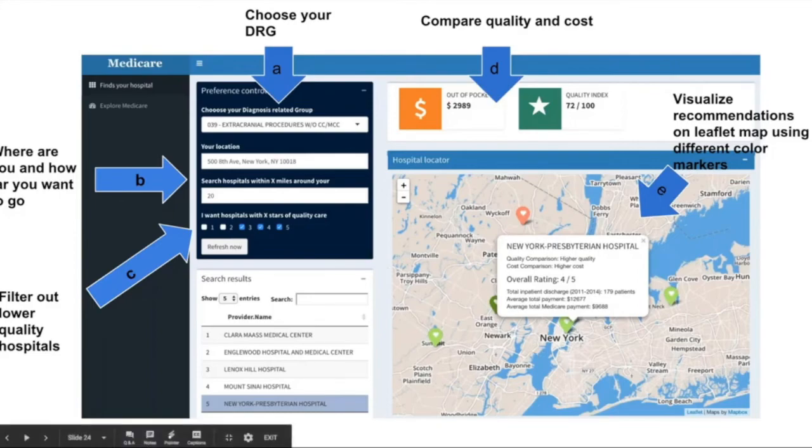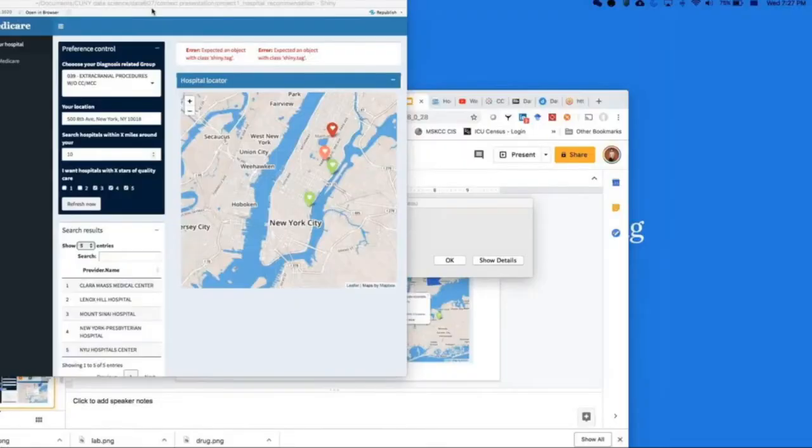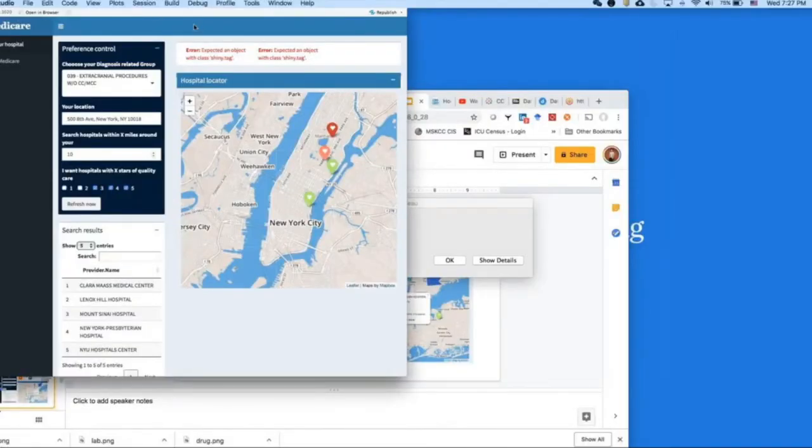So let me show you how this application works right now.